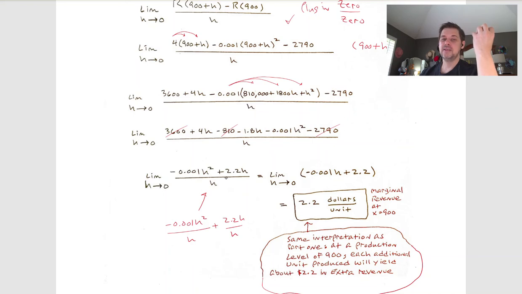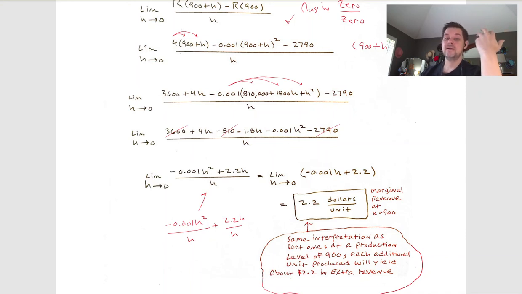It's not that this h cancels with this one, because if you thought that's the way you do it, then you're not taking into account that what it means is everything up there gets divided by h. Okay, so now individually there is some canceling. h squared over h is h. Okay, so I get negative 0.001h plus 2.2 times h over h. Cancels, leaves me just 2.2.